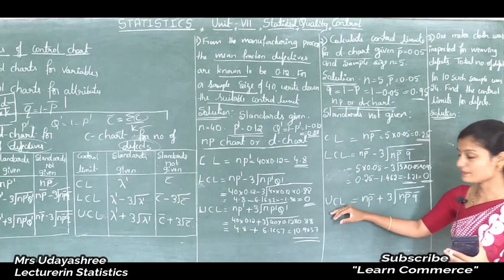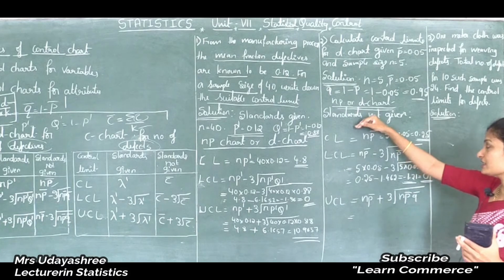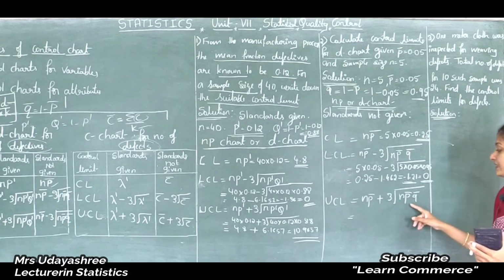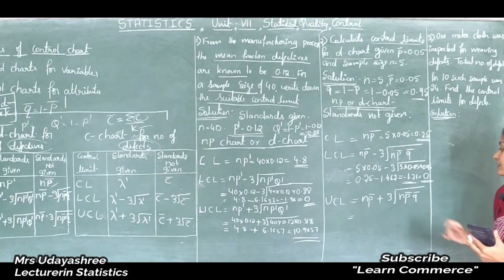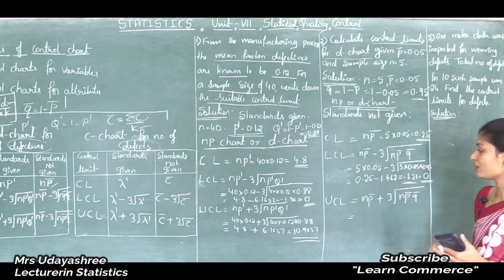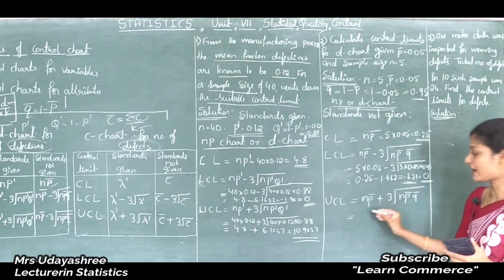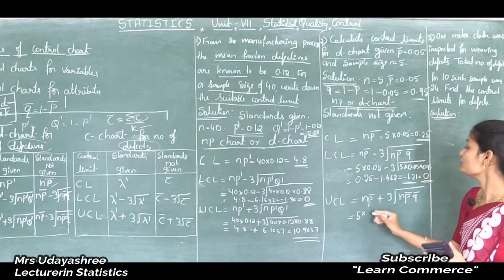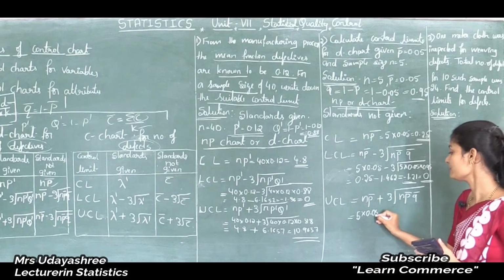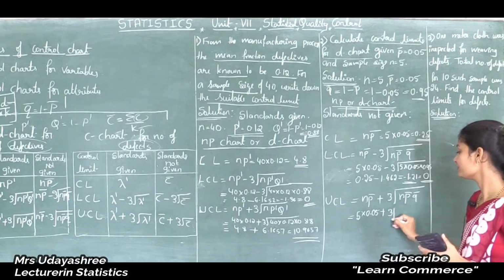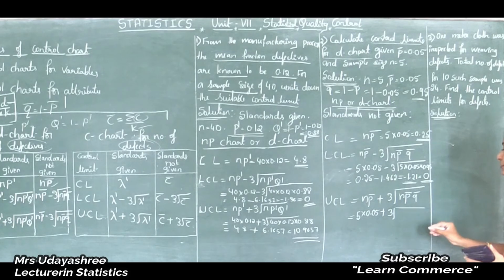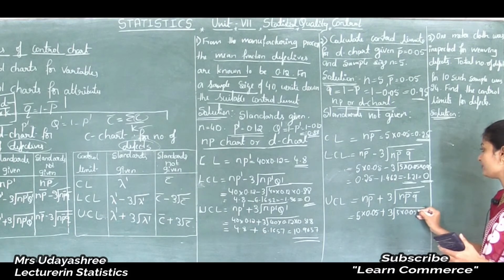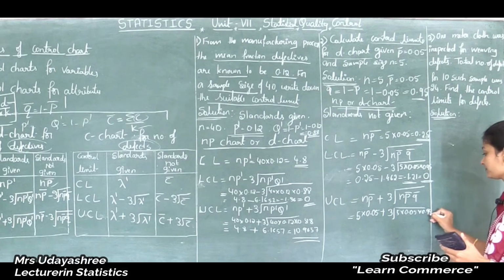Okay, to calculate the upper control limit in the standards not given case, the formula is n p bar plus 3 into square root of n into p bar into q bar. Now, what is n here? n is 5, so 5 into p bar value 0.05 plus 3 into square root of 5 into 0.05 into 0.95.